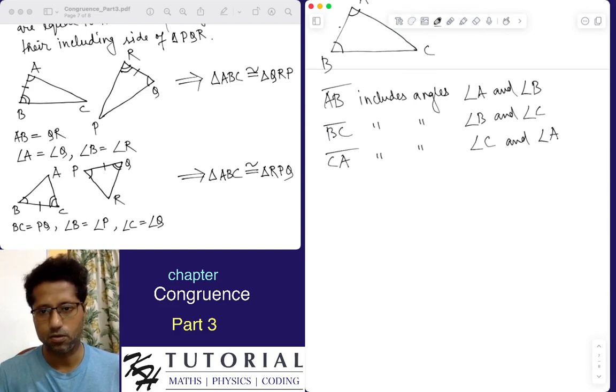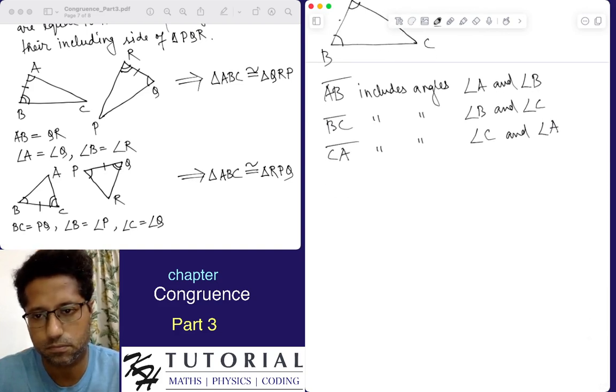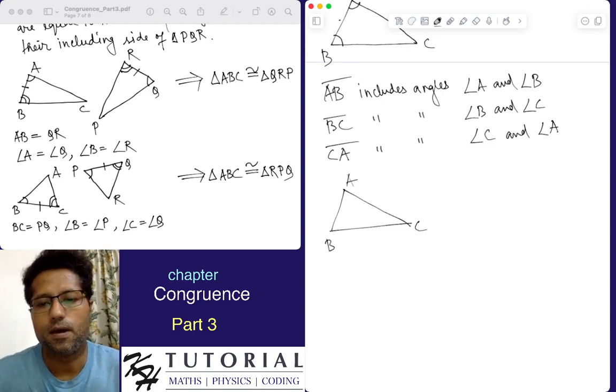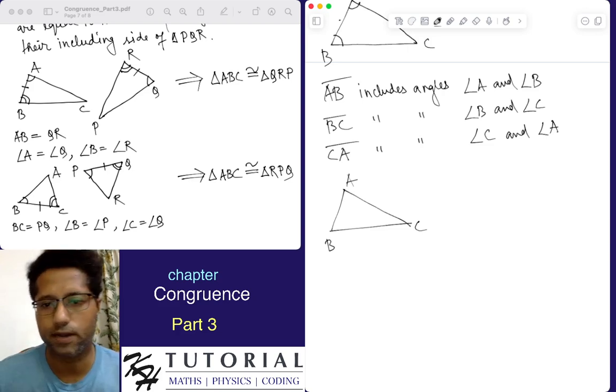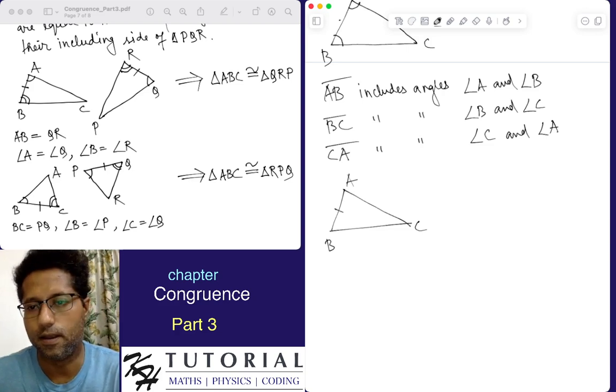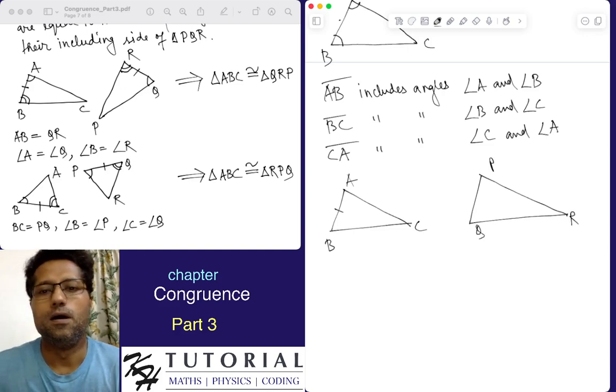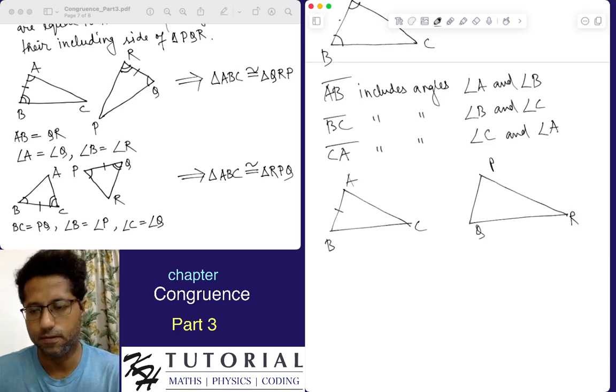Now, about the ASA congruence. Let's say I have a triangle ABC, and I'm trying to apply the ASA congruence condition in these two triangles ABC and PQR to verify their congruence.